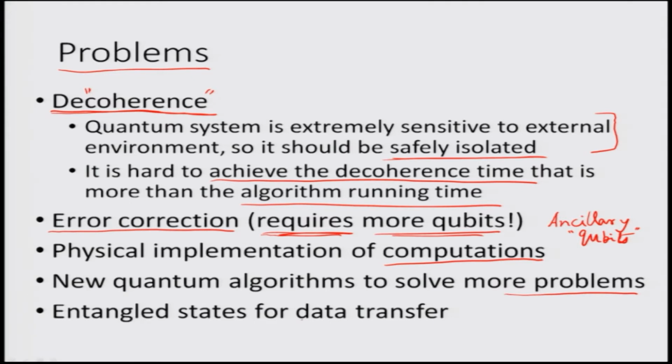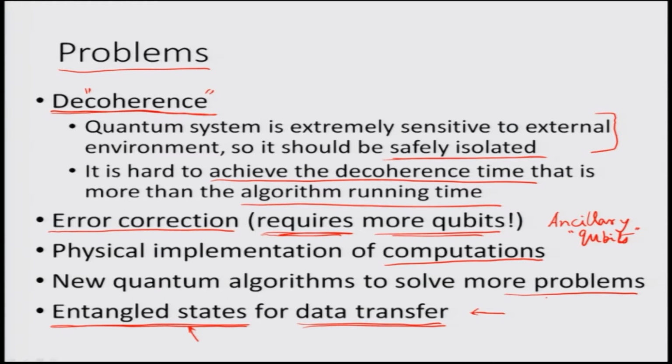As far as the data transfer process is concerned, as we mentioned, for quantum systems entangled states are necessary, which are critical in ensuring the quantumness of the problem. And so, making entangled states and preserving them for data transfer is another very important area of quantum computing which needs to be addressed.